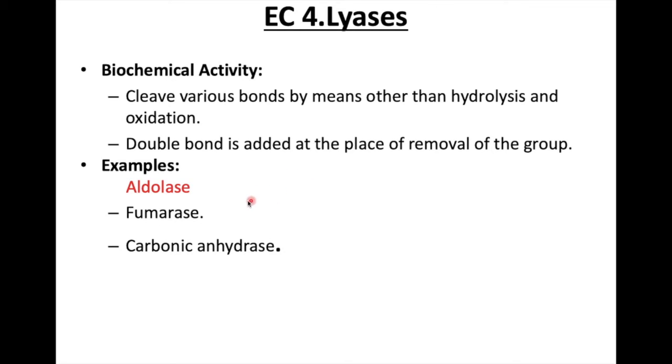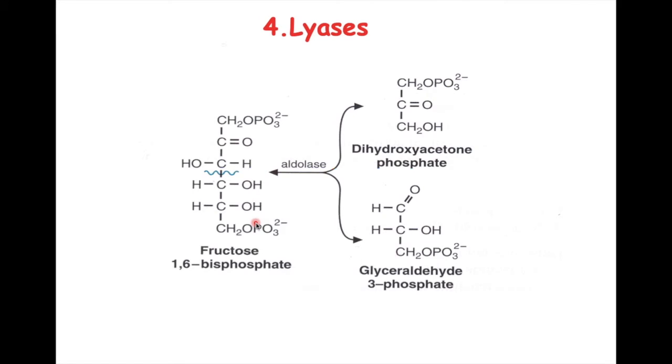In most cases they require a coenzyme, and examples of lyases are fumarases, aldolases, and carbonic anhydrases. An example reaction of lyases is from glycolysis. You must be familiar with this reaction.